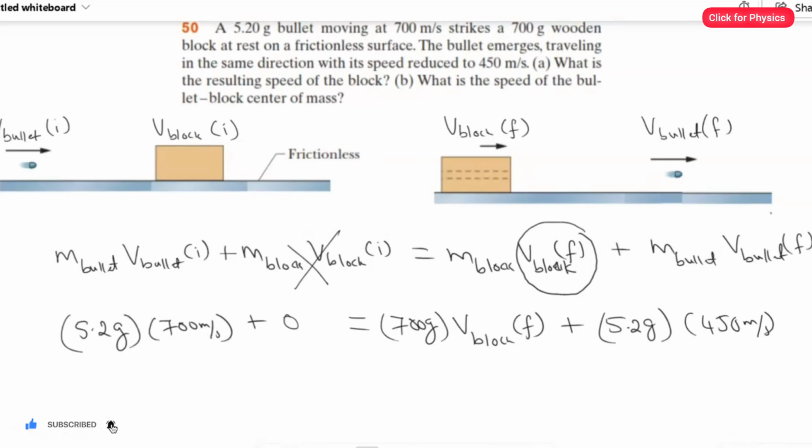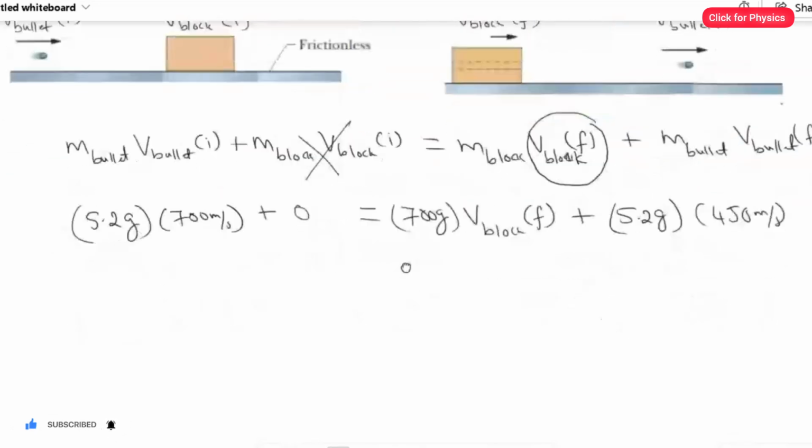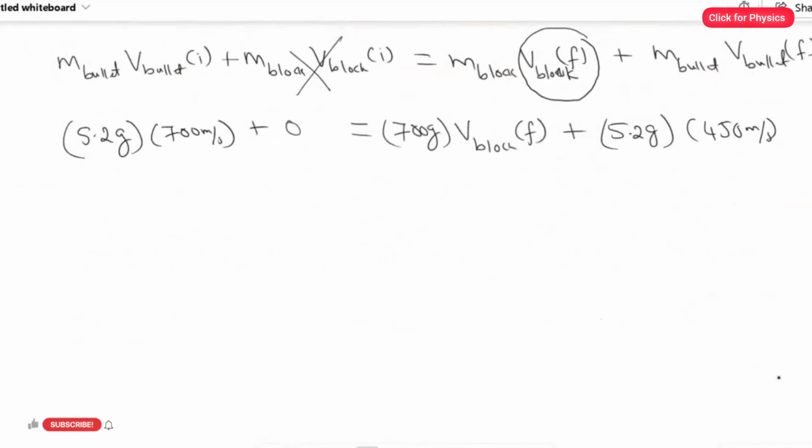Now we can rearrange this equation to find the block final speed. I move this term to the left hand side.